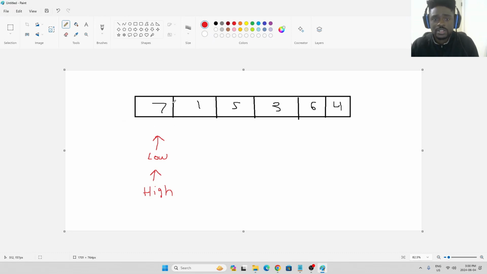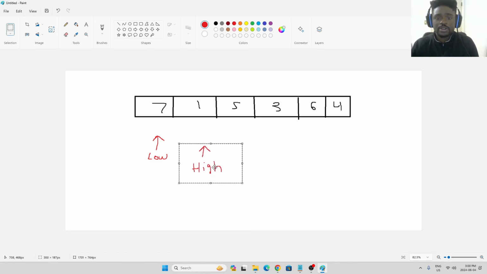So when we start off iterating through our input, you see that we're currently still at the same element, so we can just shift our high pointer to here and we make that check, right? In this case, our value at high is less than the value at low, so what do we need to do? We need to shift our low pointer to where high is.